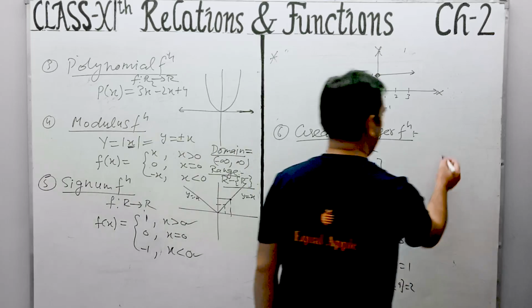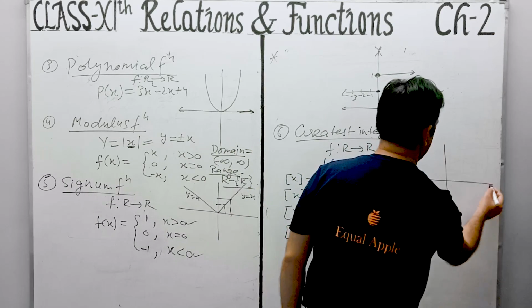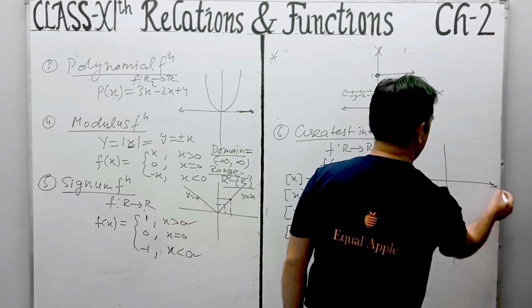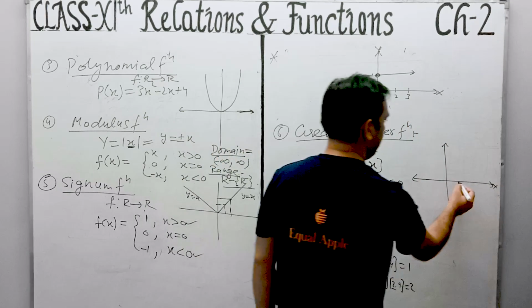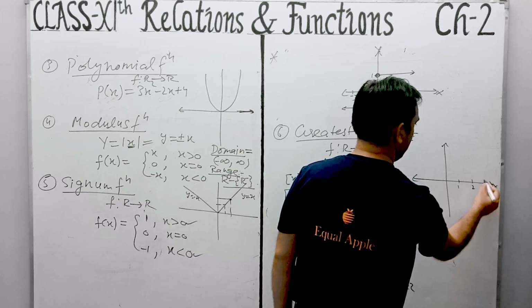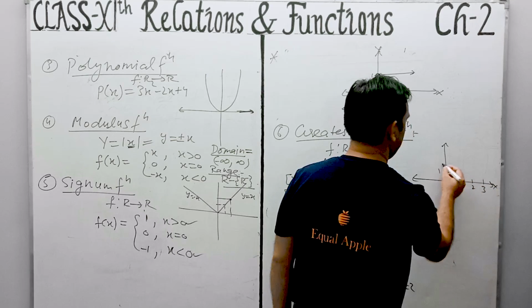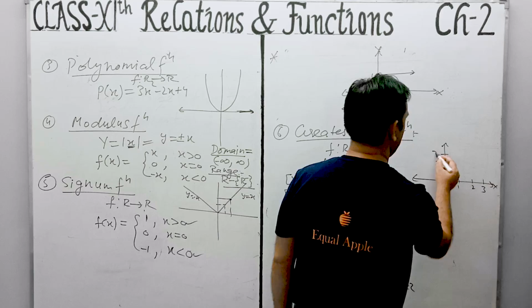On a graph we can represent it with the x and y axes, marking 1, 2, 3 and -1, -2, -3.